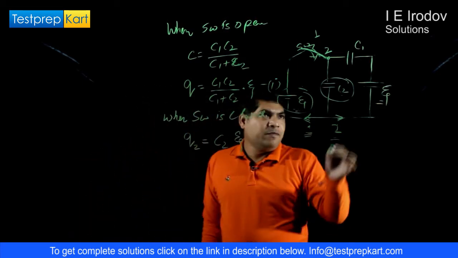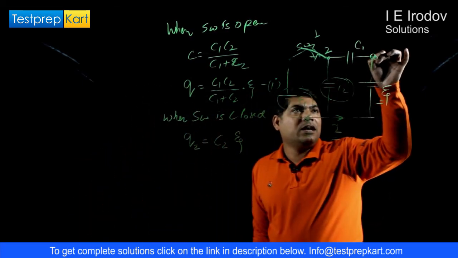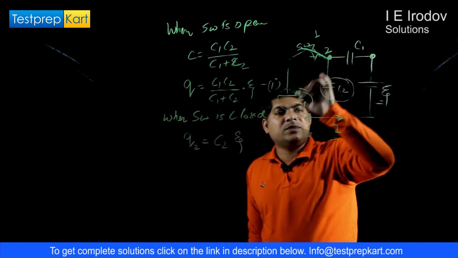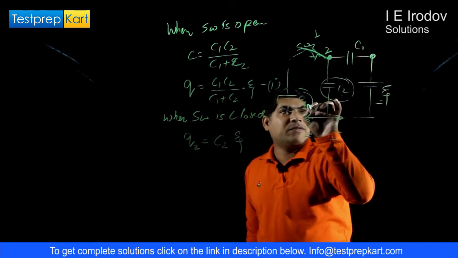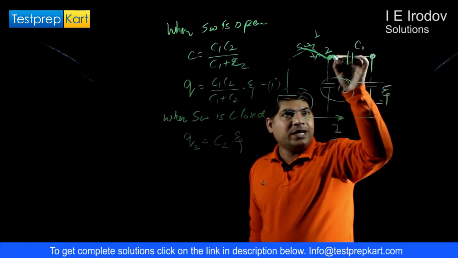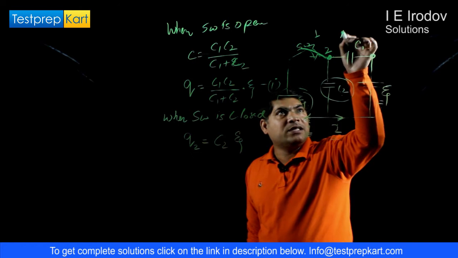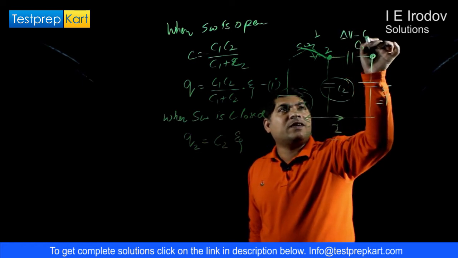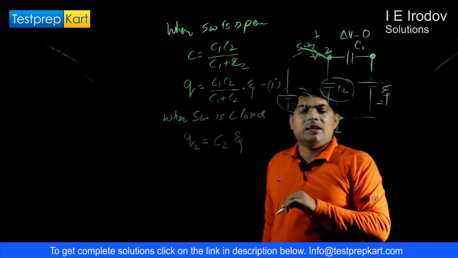Secondly, if we look at this capacitor, one end is subjected to one battery with EMF E, and the other is also having the same EMF. So there is no potential difference across the terminals of capacitor C1, right?